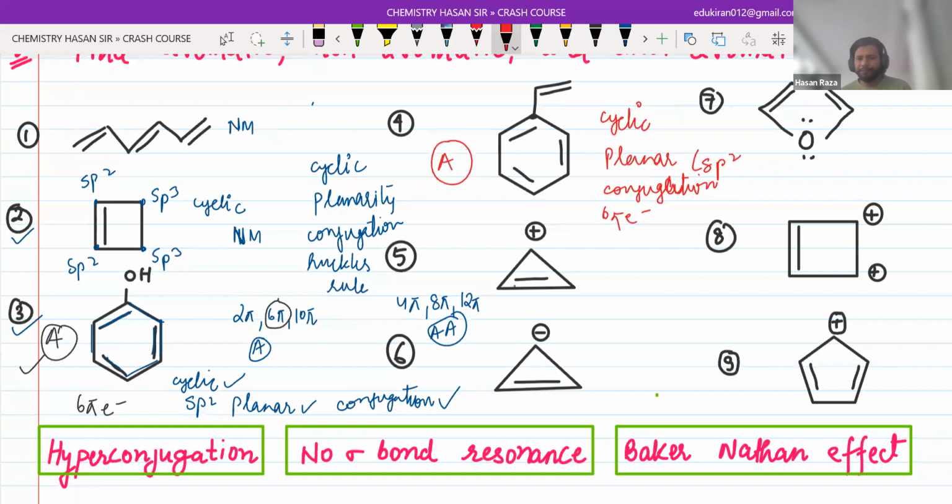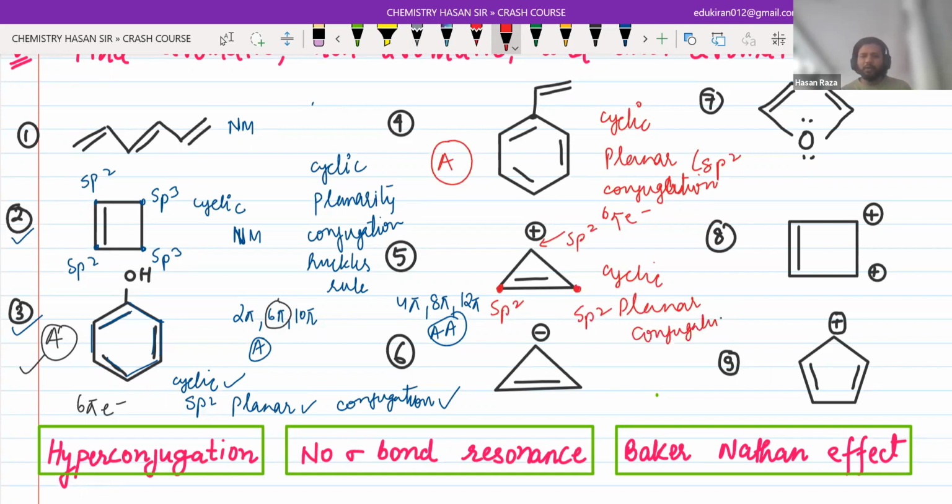Now come to this. It is cyclic. Yes, it is cyclic. Whether it is planar or not, it is planar because these two carbons have a double bond. That means sp2, sp2, and this positive sign represents a carbocation. Carbocation has sp2 hybridization, which means it is planar. Then come to conjugation.